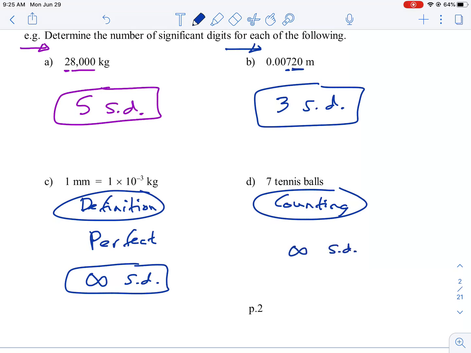You can only have 1 tennis ball or 2. You can't have 1.2 tennis balls. Good? So those are kind of tricky, the C and the D. But the most important skill is what you guys see up here at the top, how to deal with measurements. Okay, so that's significant digits.